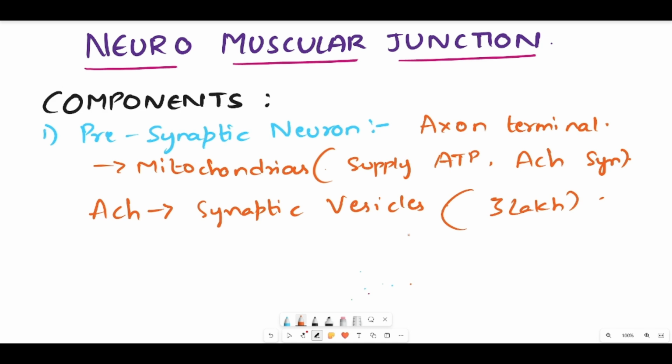Third, because of the presence of mitochondria, it acts as a source of energy. It supplies ATP, used in the synthesis of acetylcholine. Once the acetylcholine gets synthesized, it will be stored in the synaptic vesicles. On average, more than 3 lakh synaptic vesicles will be present.